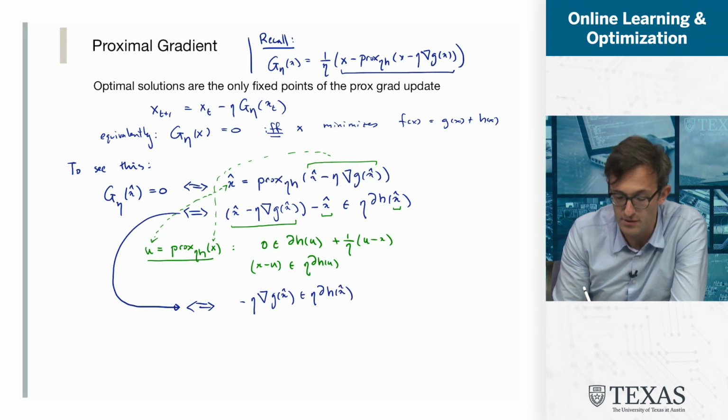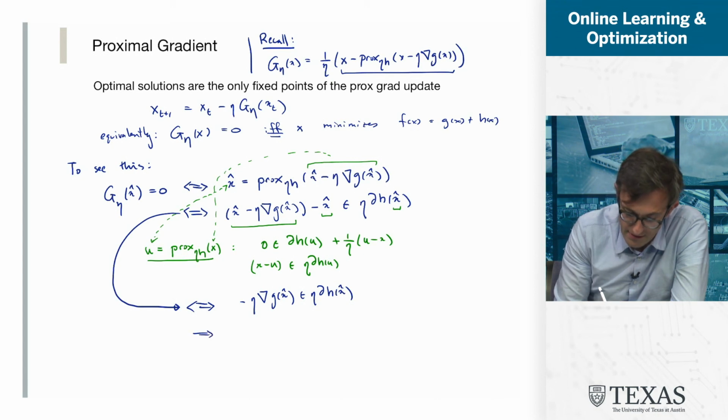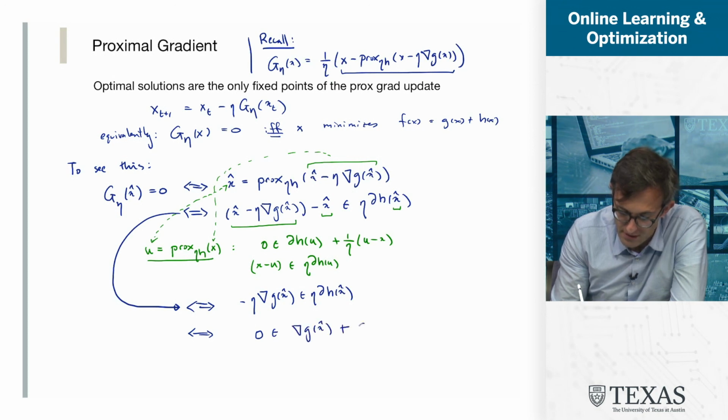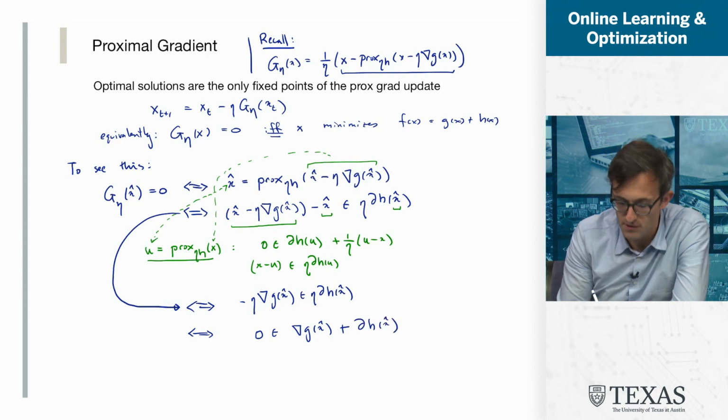The etas cancel, and bringing over the gradient onto the right-hand side, I get that 0 is an element of the gradient of g of x hat plus the subdifferential of h of x hat. So what is this?